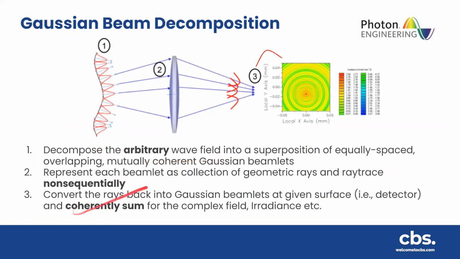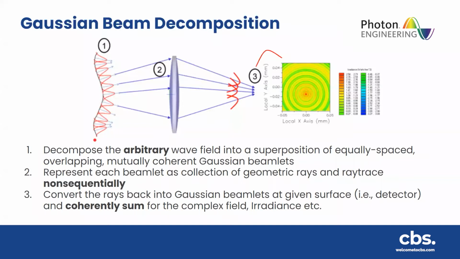Hopefully this diagram and these 3 bullet points explain the overview of what it does. It's a nice, elegant, flexible technique, and it's broken down into 3 stages. Let's say you've set up a source in your ray tracing software in FRED, and it has an arbitrary field, arbitrary phase, arbitrary profile. Before it does any propagation through the system, FRED is going to decompose this into a series of small overlapping Gaussian beams.